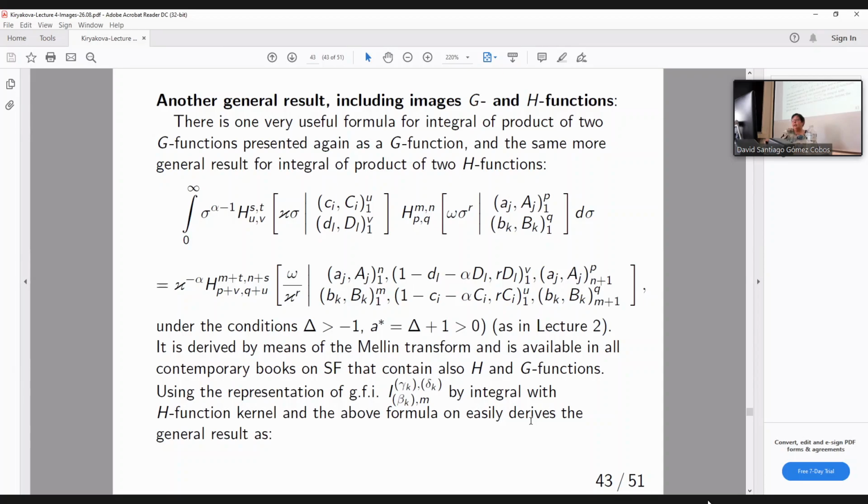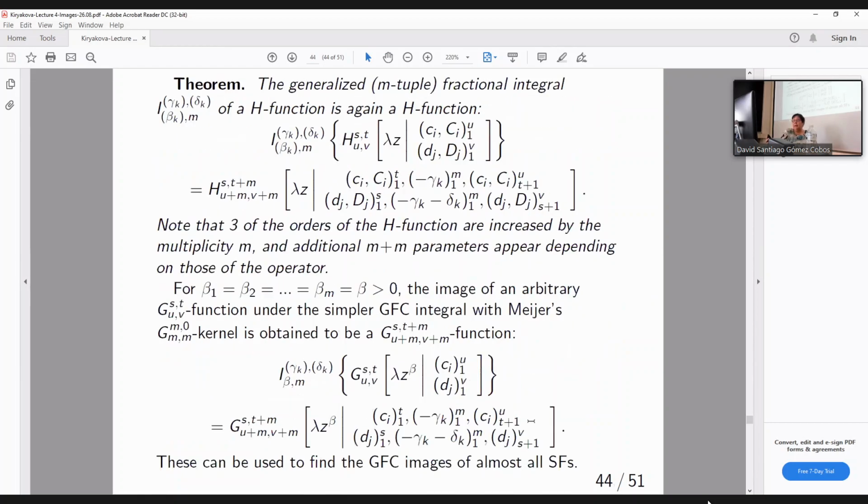So in our case, we can use this very general formula to give a result that any generalized fractional integrals in our sense, this one, of an arbitrary H function is another H function with known in advance orders and parameters.